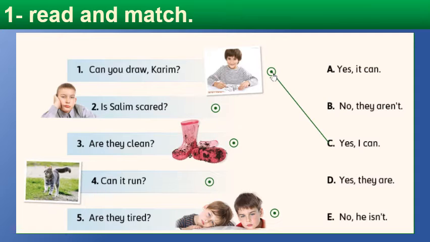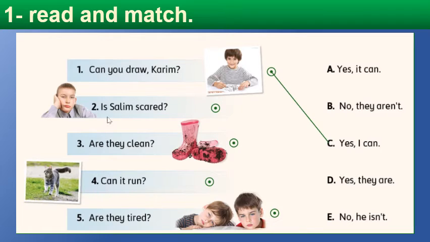This is how you answer the question when it is yes. And we use the word can in the answer also. Why? Because we have the word can in the question, so we use it again.